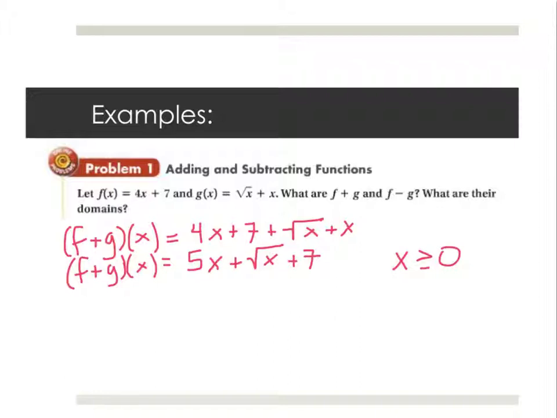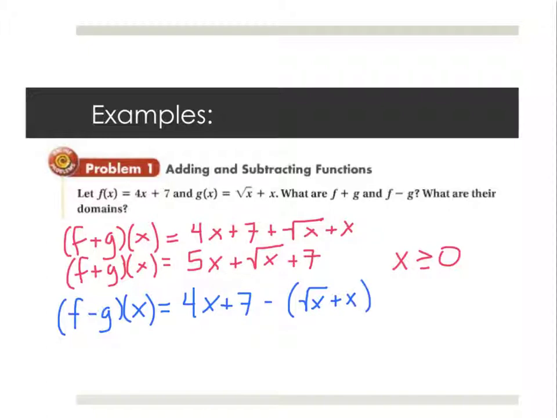Now let's do f minus g of x. Alright, so as we said, subtraction is not commutative, so we have to put f of x first. And we're going to subtract g of x, which we're going to put in parentheses to avoid a sign mistake. So we're subtracting the whole thing, so we're subtracting each term. So 4x plus 7 minus the square root of x minus x.